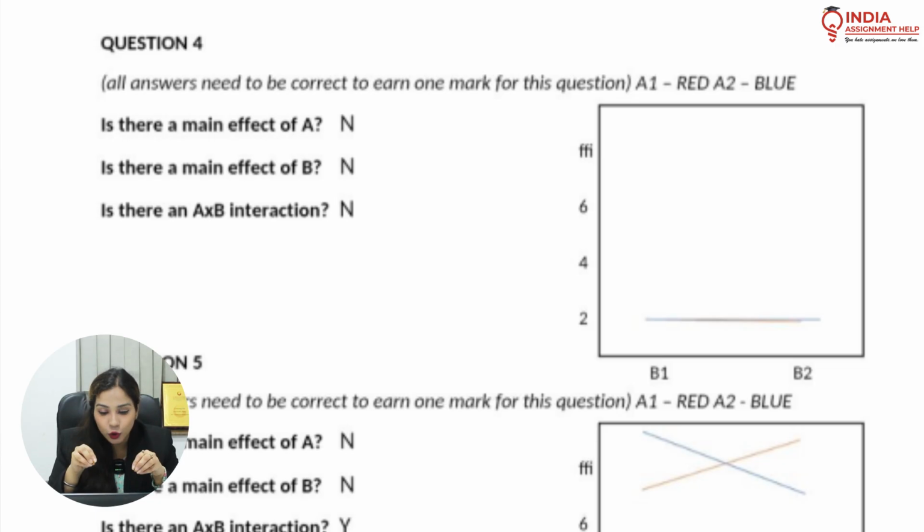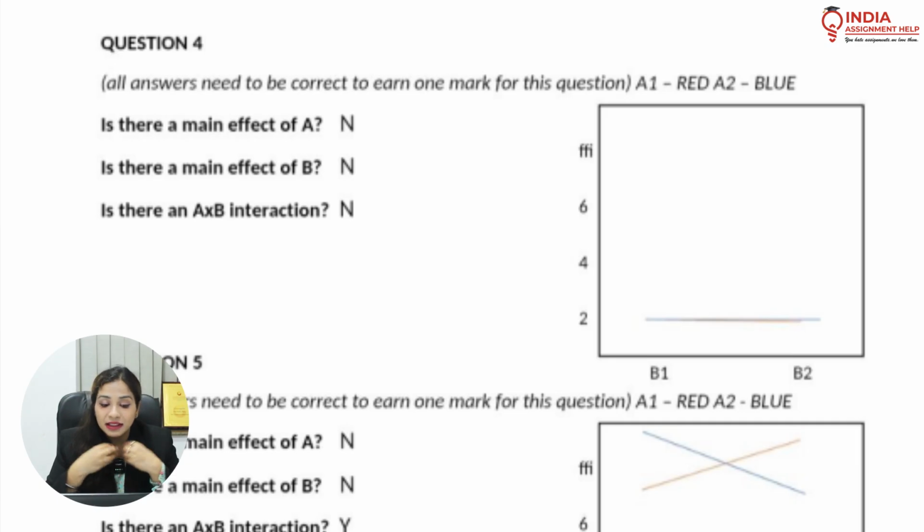What is the mean of A2? That is also 4, because it is also the midpoint of 2 and 6. That shows, is there a main effect of A? Null, because the mean of both A1 and A2 is equal. Is there a main effect of B? That is also no, because the mean of A1 and A2 is the same, that is 4.